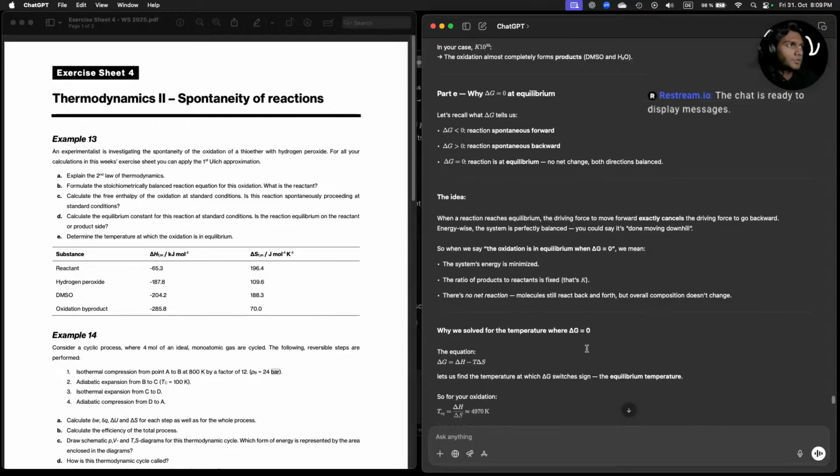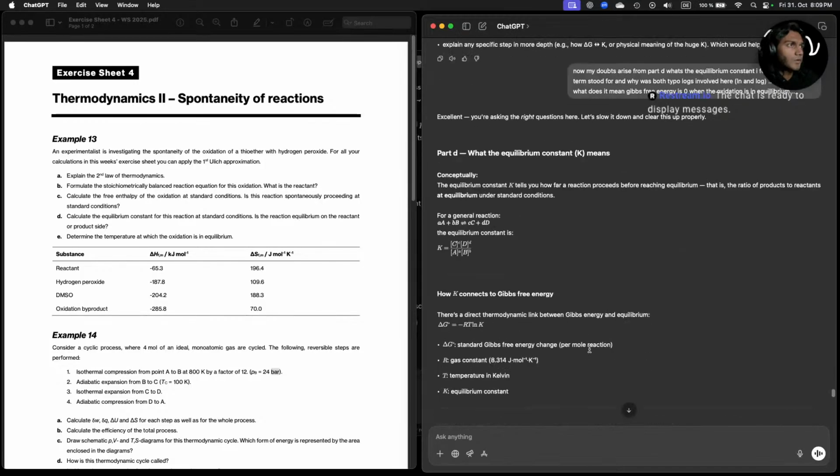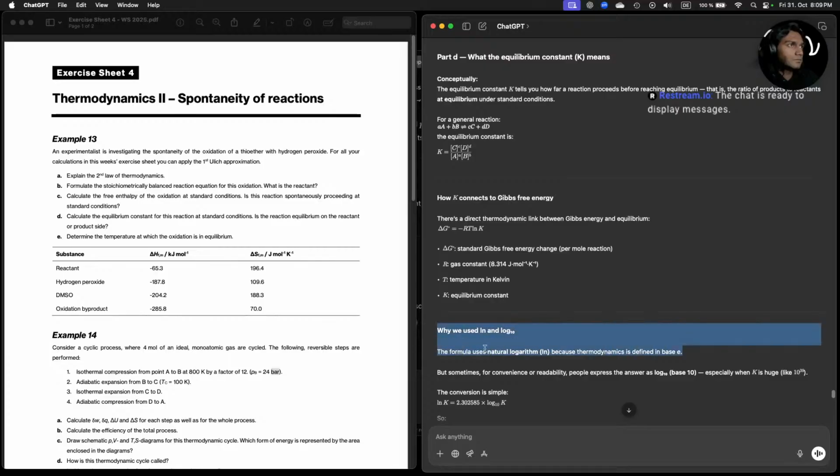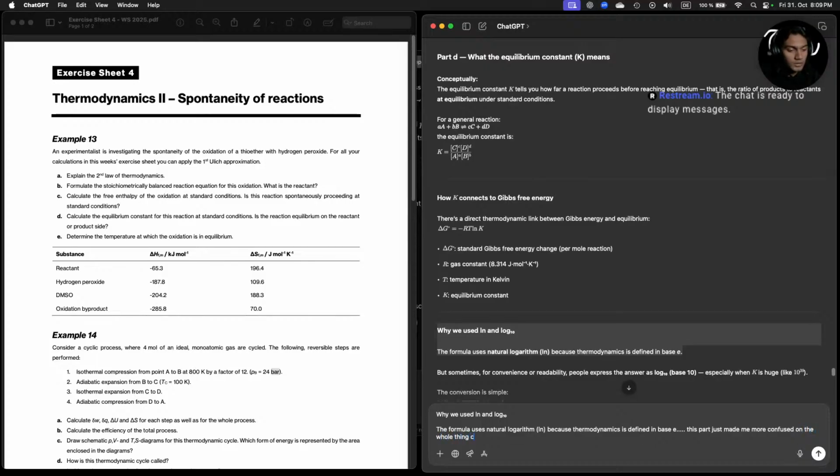Why do we solve for the temperature where... this part just made me more confused on the whole thing, because when you wrote E, I don't even know what does that even mean.